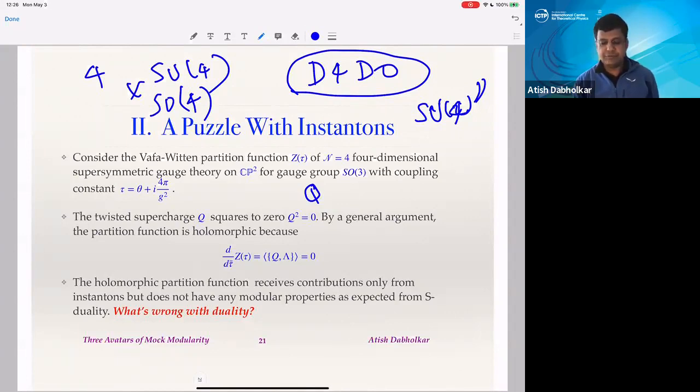So therefore it can square to 0. Normally Q squared gives you the Hamiltonian, but here it squares to 0.